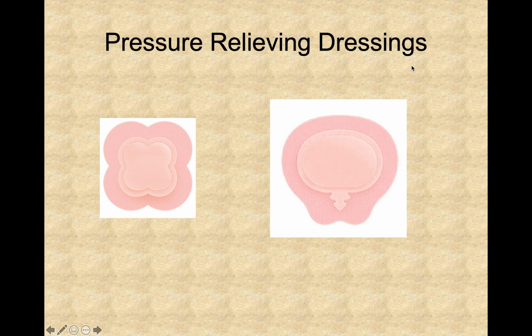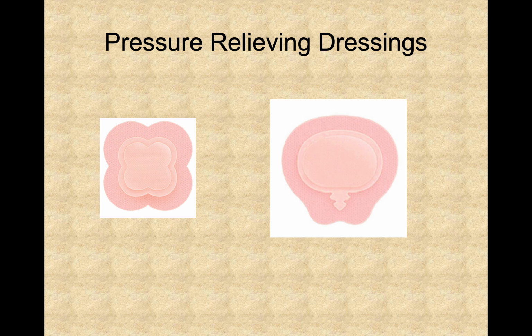There's also a variety of pressure relieving type dressings. I think these are Mepilex or Allevyn. Those are both brands, and I'm not endorsing any one or the other. But basically, these are cushiony foam dressings, I think that's the generic term, that we might place on a site that we're concerned might develop into some kind of pressure ulcer.